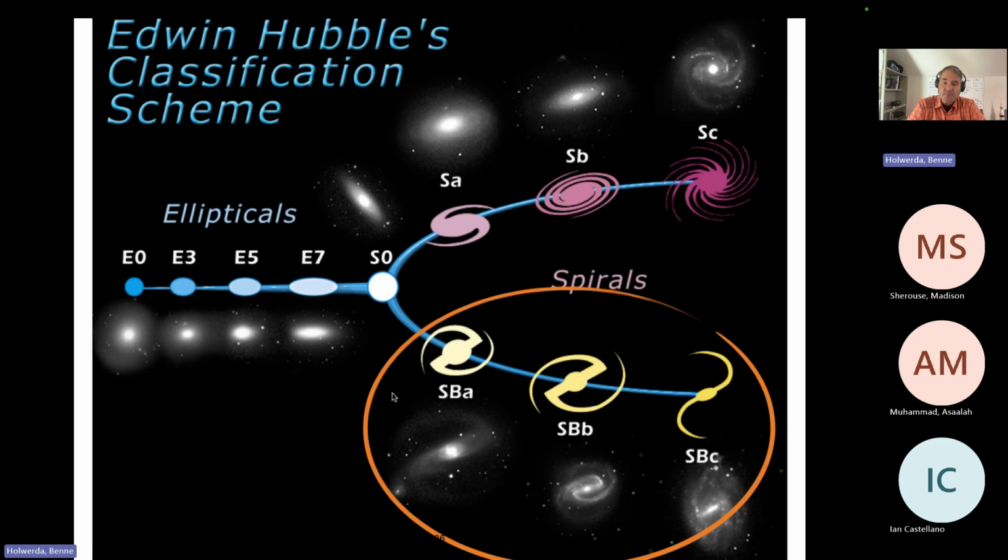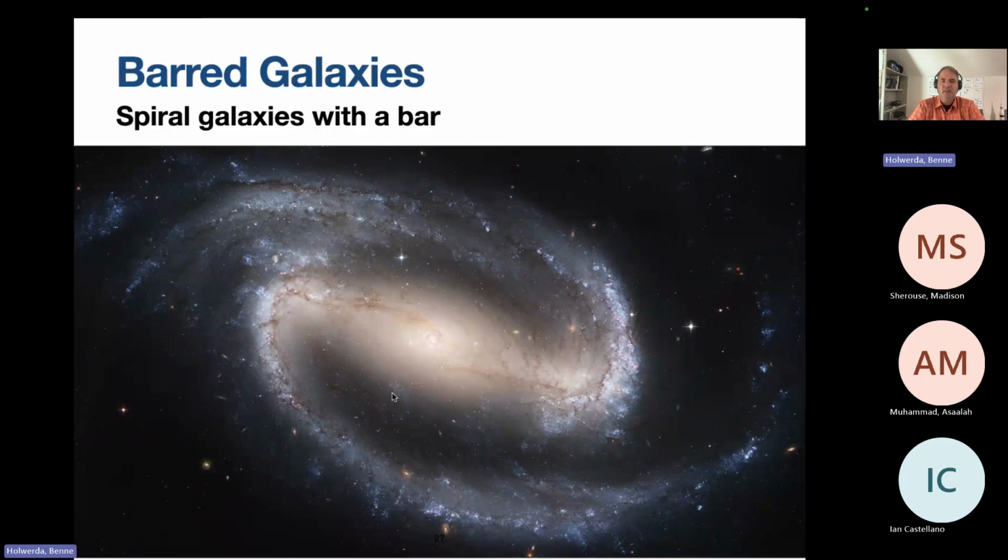Okay, so barred spirals are sort of a special class of spirals, and this is sort of the quintessential one. Again, one of those that you can see with a backyard telescope, but of course, this is the Hubble picture, and you can see there's this elongated thing in the yellow part, and it has dust lanes going along it. So something's happened there that made the central bit elongated, and then the spiral arms sweep off it.